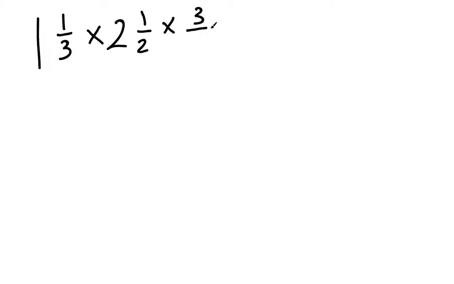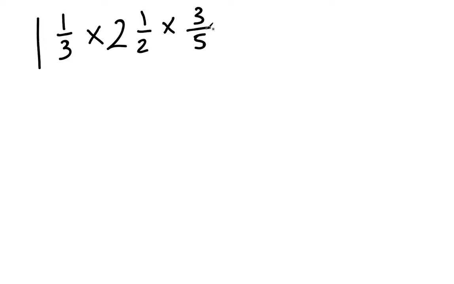And we're going to do another one to make sure we're getting the point here. We're going to do it with mixed numbers. Same approach. 1 over 1 1/3 times 2 1/2 times 3 over 5.